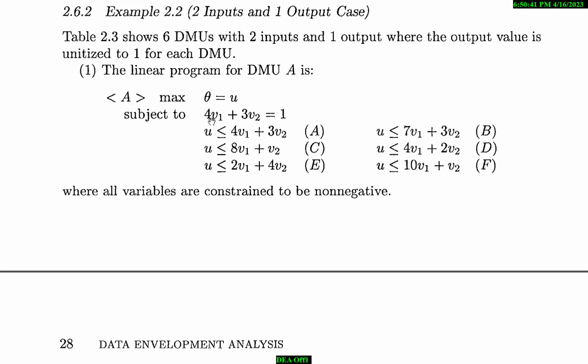So we have 4 V1 plus 3 V2 equal to 1. This is a linear programming model and can be solved with any linear programming solver, or indeed by the simplex method.